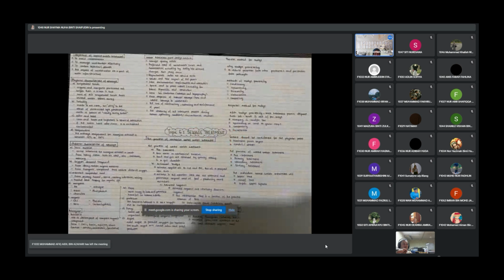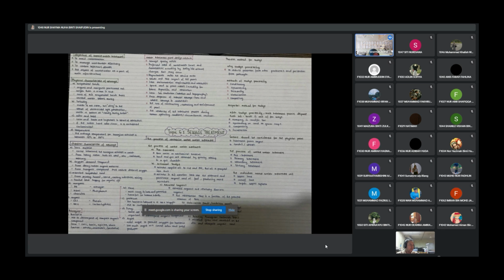Seterusnya topik 6 iaitu sewage treatment. Dalam sewage treatment ni kita akan jumpa objective of wastewater treatment. So the punya objective is to avoid contamination, to manage wastewater effectively, to control infectious disease, to accept the wastewater as a part of main infrastructure. And then physical characteristic of sewage, ada suspended solid, turbidity, odor and taste, ada temperature.